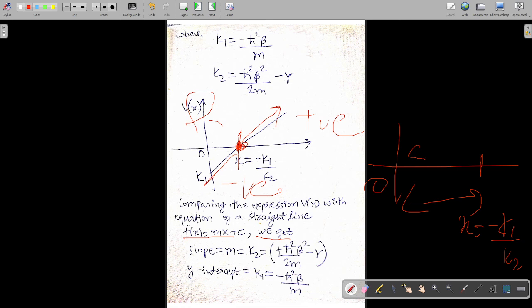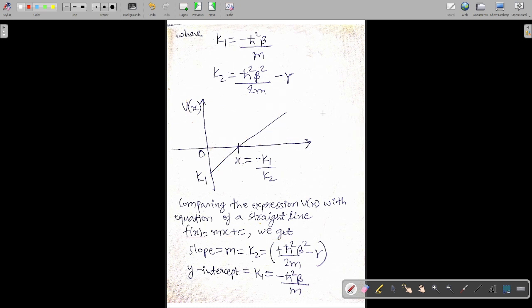That means this area has an attractive force in it, because negative potential implies attractive force. All this area up to infinity will have a repulsive force in it. And the minimum value of v of x, what is it equal to? It is clearly given in the question that x is greater than 0.